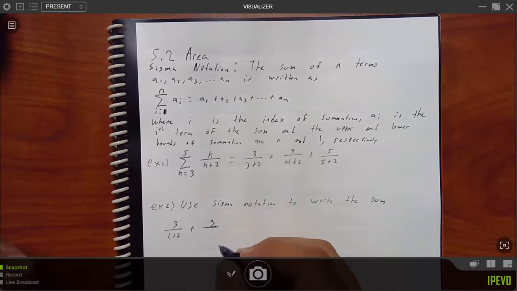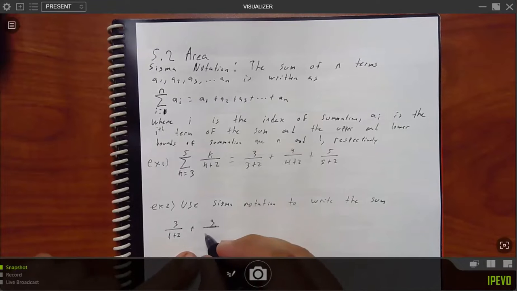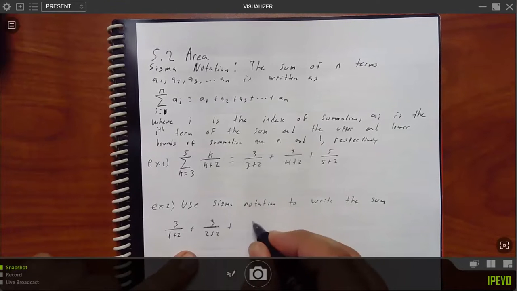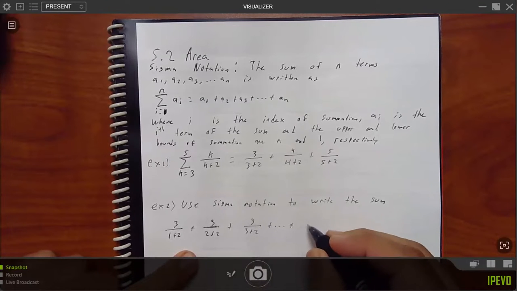So 3 over 1 plus 2, plus 3 over 2 plus 2, plus 3 over 3 plus 2, all the way until 3 over n plus 2.